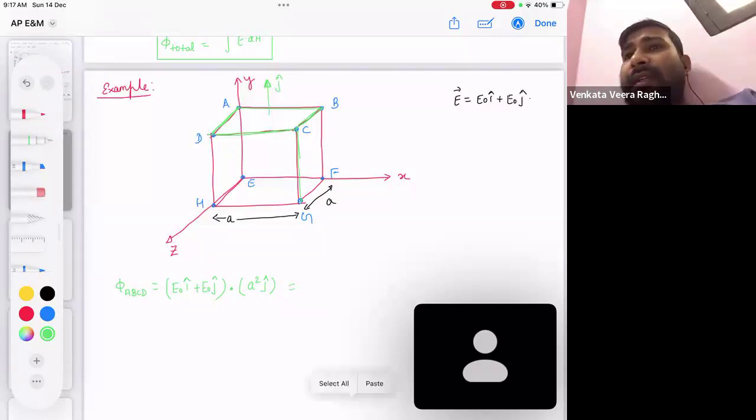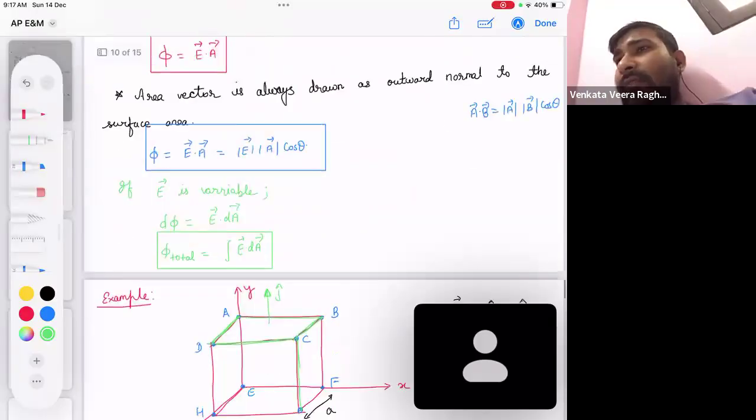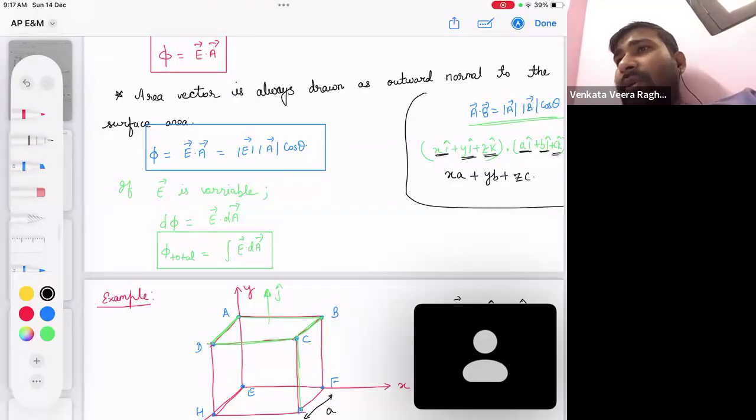Now if you take the dot product, how much will it come? One method for taking the dot product is the component method: multiply x with x, y with y, and z with z. And the dot product is what?